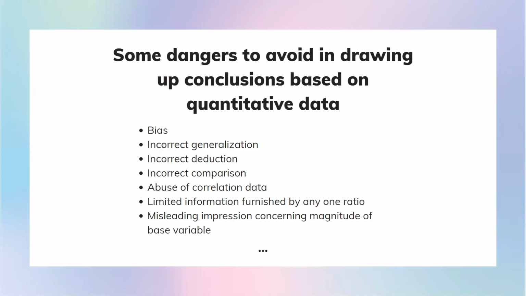Next, we have limited information furnished by any one ratio. A ratio shows only a partial picture in most analytical work. Suppose the only information that we have about a certain establishment is the 20% employee turnover ratio. The ratio does not show the kinds of employees leaving and why they are leaving. We do not know whether the losses of the employees are caused by death, retirement, resignations, or dismissals.